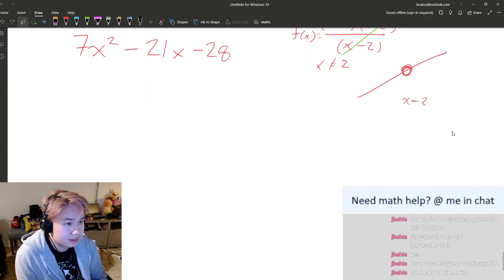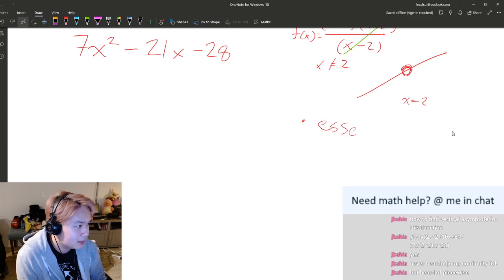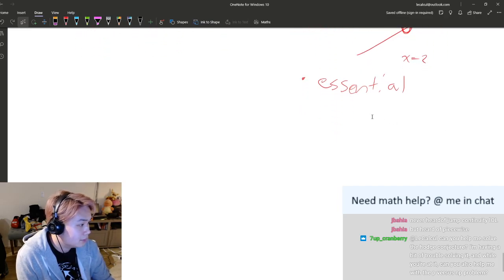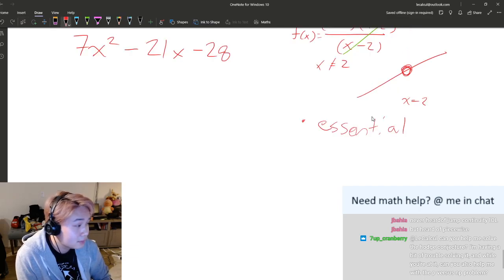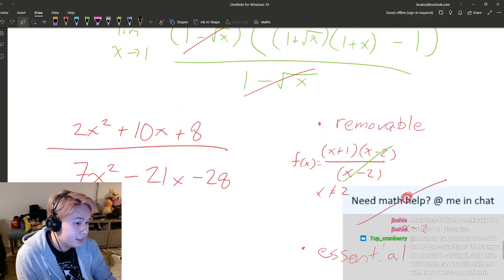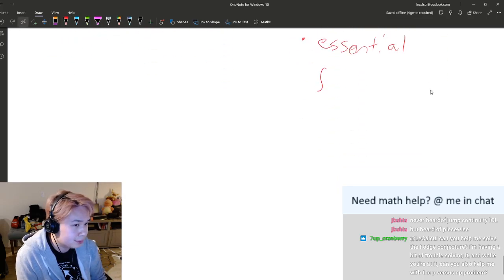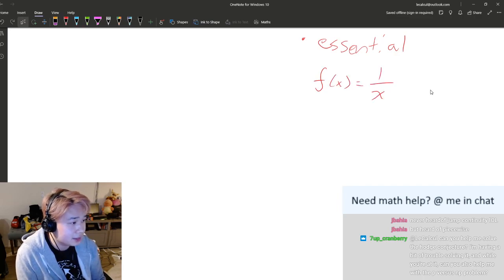And then I always forget the name. I think it's called essential or something. So essentials are when you have a division by 0, but it's not going to be canceled out. So for example, like 1 over x. There's nothing to cancel.